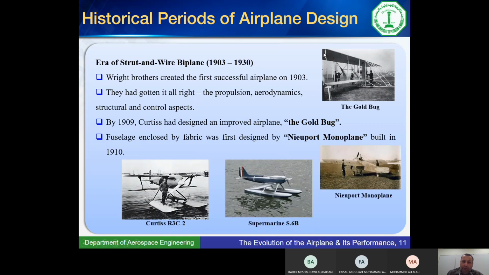In a biplane, we have a cantilever. Hopefully you are taking either CE 203 or 201, so you know what I'm talking about. It has a beam on the top, a beam on the bottom, and then struts and wires in between holding the structure and making it a strong structure.